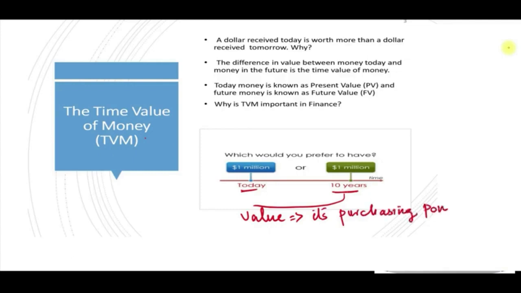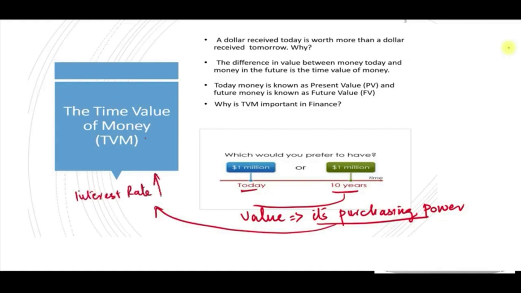So it loses its purchasing power, and this purchasing power is affected by the interest rate. When interest rates go high, our purchasing power goes down. We don't know what will happen to interest rates in the future. So the purchasing power of future dollars would be lower than today's dollar.